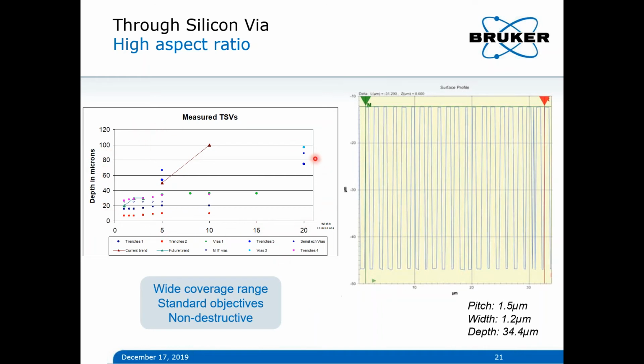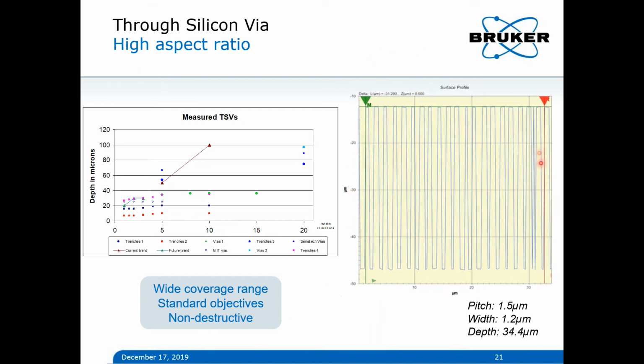This capability to measure through silicon via ranges to a wide scope. Here you have a summary graph where we plot depth and the opening width, as well as a shape factor like trench or via, and we can go all the way from 100 microns depth with 20 microns opening all the way down to a few microns with a depth of 25 microns.